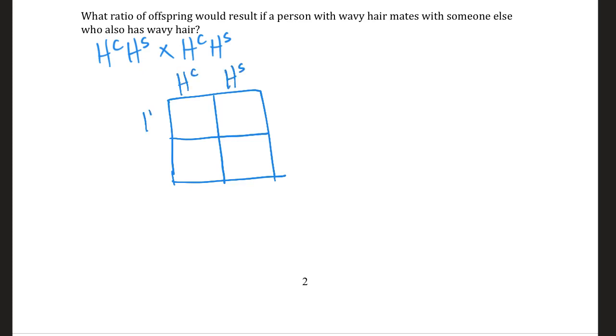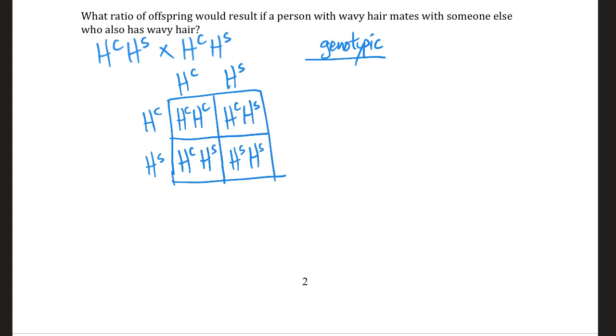HCHS is one parent, HCHS is the other parent, and when we cross them we get HCHC in this corner, HCHS over here. Again, let's keep it in alphabetical order, so HCHS, and then this one here, HSHS. So the genotypic ratio of offspring looks like we have 3 different types here.